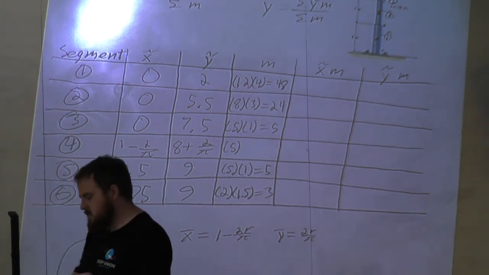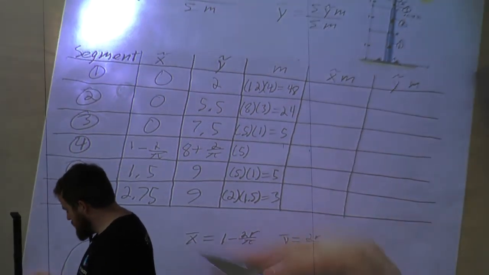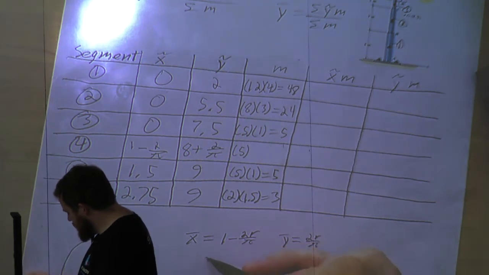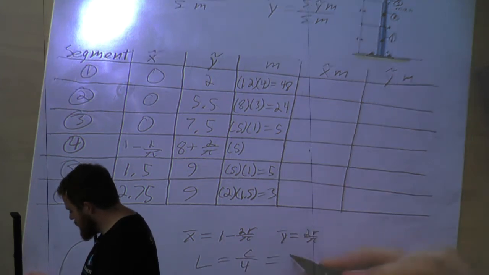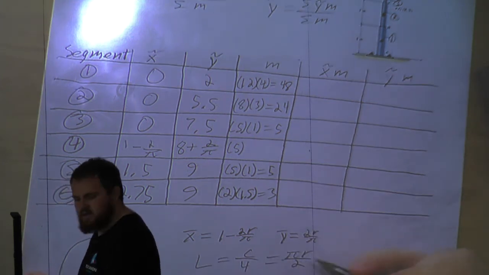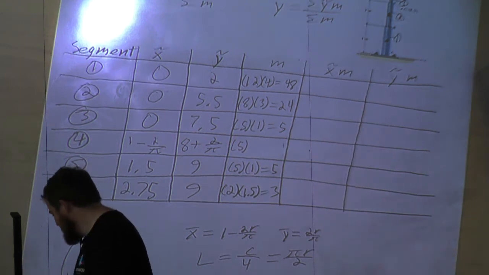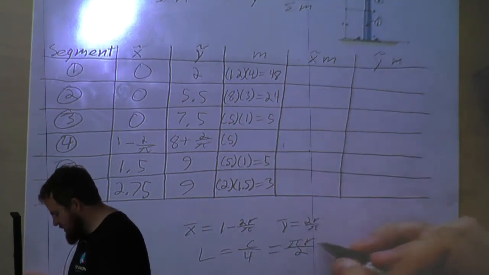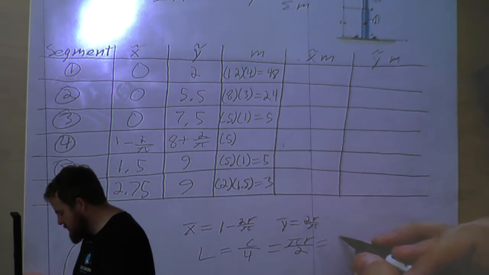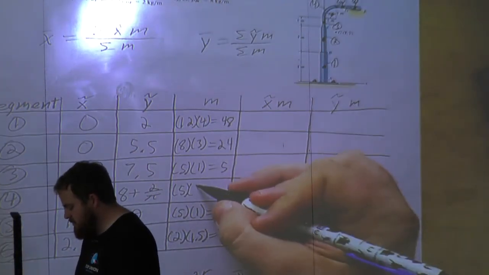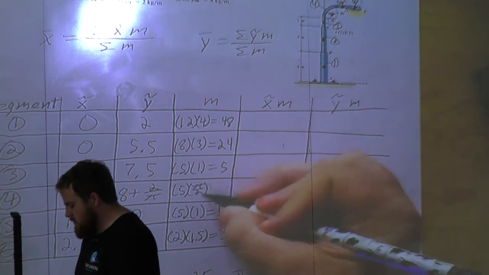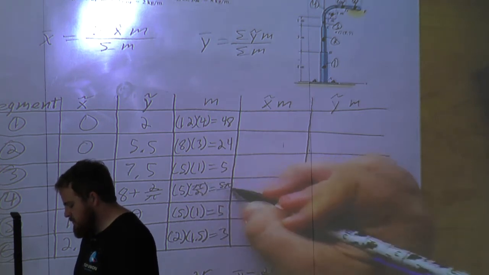Yeah, because it's going to be the circumference divided by 4, right? So that's going to be pi r over 2. Is that what you said? Yeah. Okay, cool. And since our radius is 1, we're going to have pi halves. So this is going to be 5 times pi halves, which is just 5 pi halves.